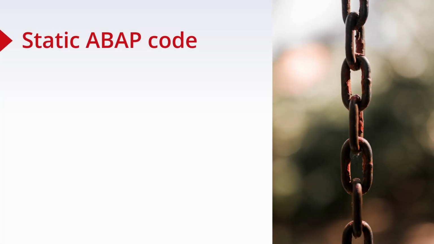The SAP system is designed so that you can dynamically adapt your processes to your own needs via customizing. So one common mistake is to use static ABAP code, for example, for texts. And with the customizing, this approach should also be followed in programming because, in my opinion, a major ABAP error is static ABAP code, where the source code can only be adapted directly in the programming and not in the customizing tables.